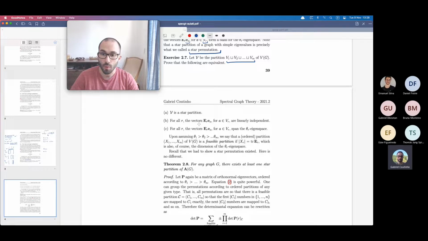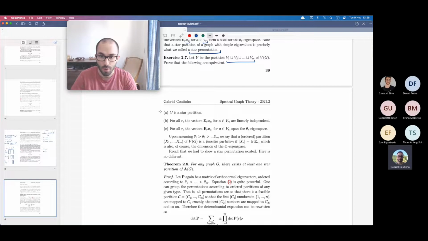If you simply require these vectors to be linearly independent, then because you have enough of those, they kind of fit the space, and each one of those will have to form a basis. And likewise, or dually, if you require these vectors to generate each one of the eigenspaces, it cannot be that they are linearly dependent because you do not have enough of them.